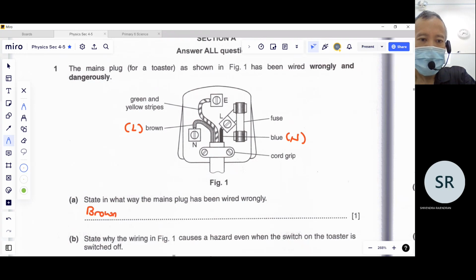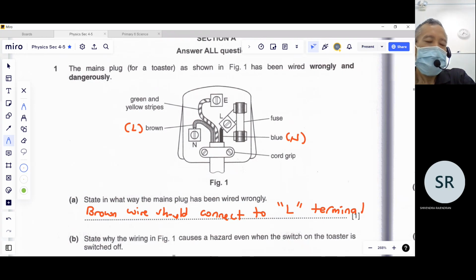So the brown wire should not connect to the L terminal diagonally, because the brown wire is this side.